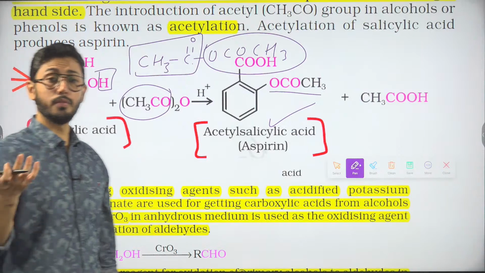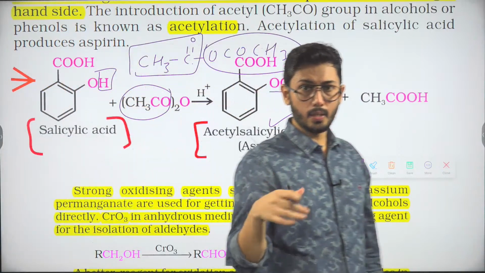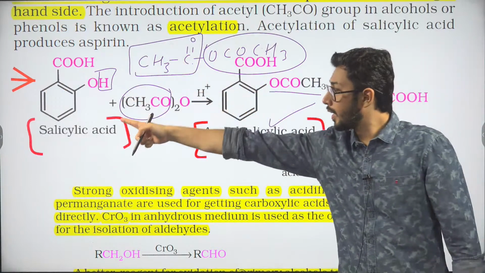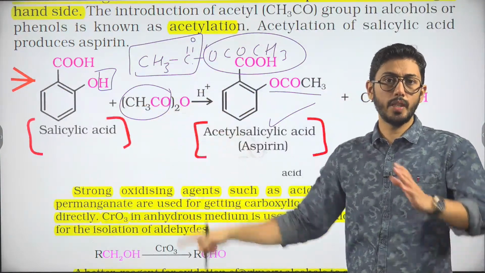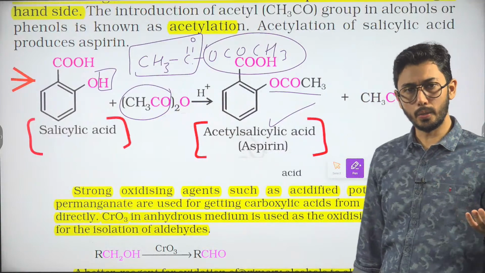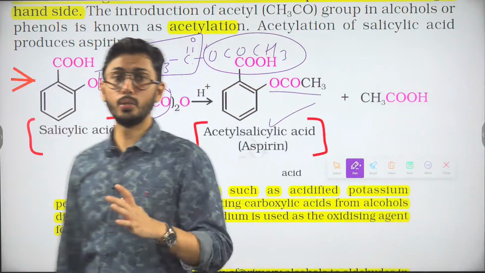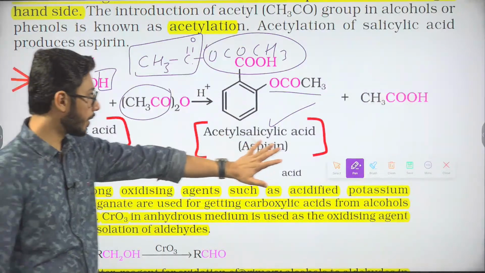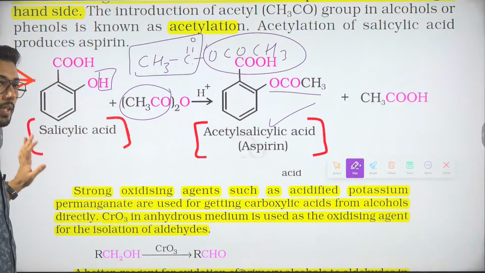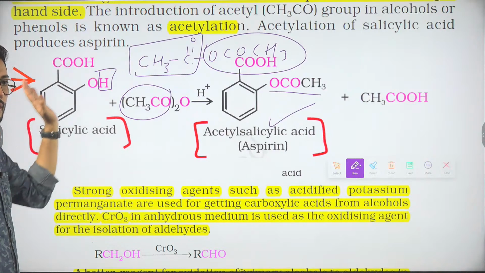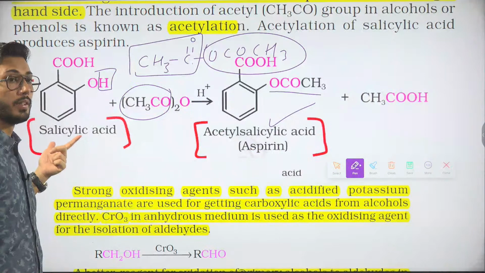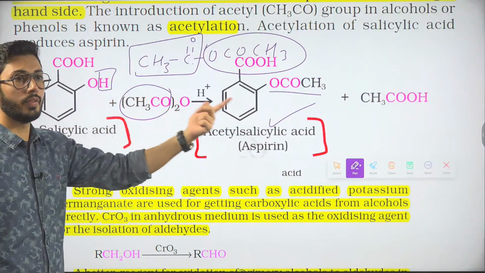So aspirin is formed from which compound? Salicylic acid, or the other name, orthohydroxybenzoic acid. When it undergoes acetylation reaction with acetic anhydride or acetyl chloride, it results in aspirin formation. Okay, that is the aspirin formation from salicylic acid. If you remember esterification, it's very good. Otherwise, remember salicylic acid is the reason for generation of aspirin.